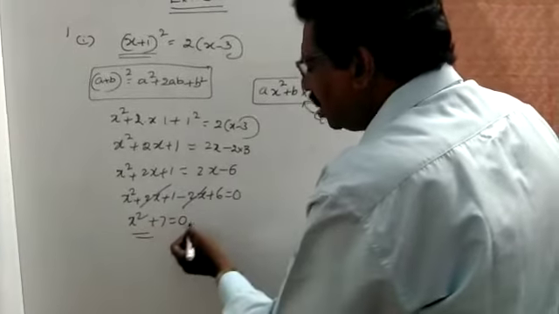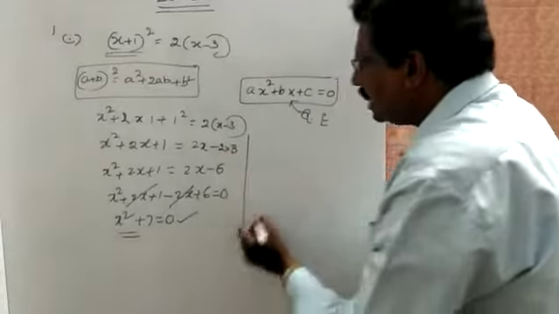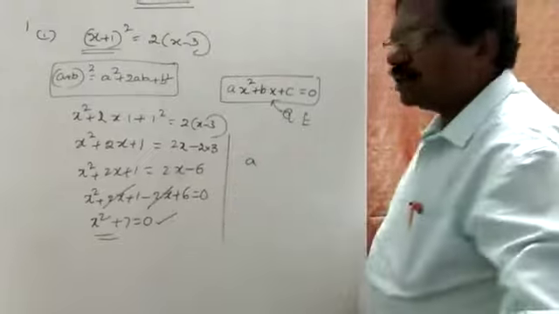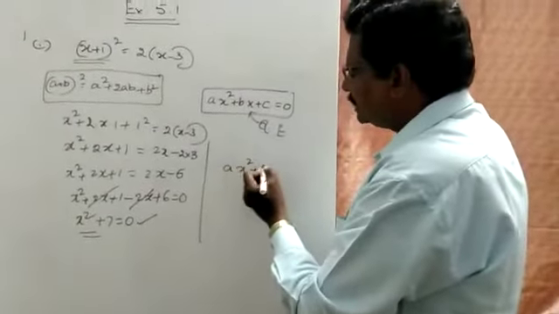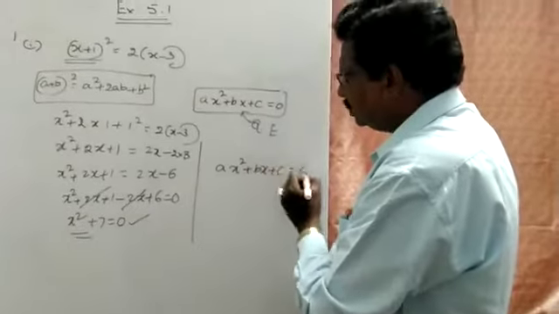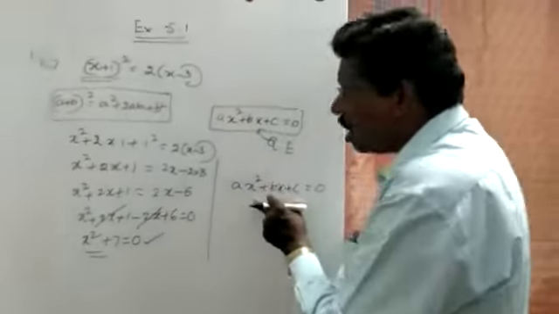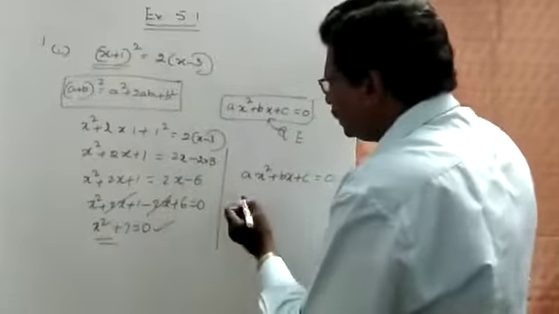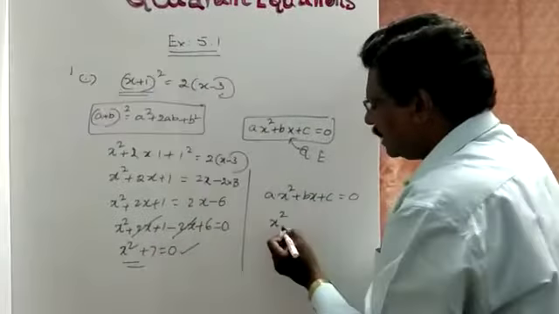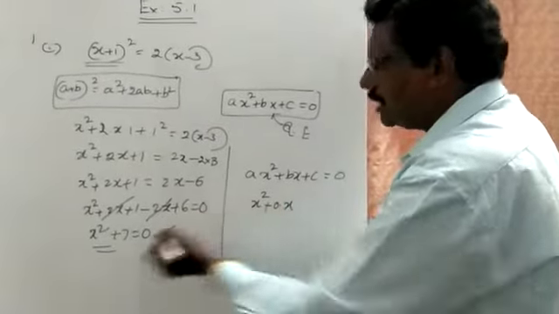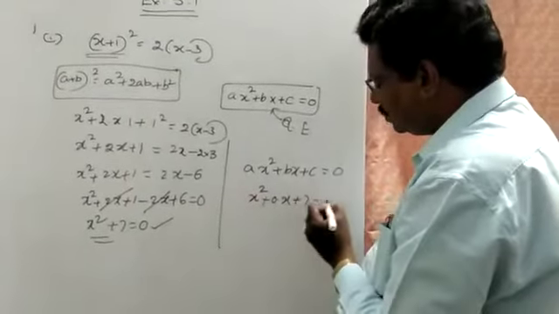It is the quadratic equation. How can you write this one? For example, I already explained ax square plus bx plus c is equal to 0. You have to write the quadratic form. So first write x square, and second there is no x term, so plus 0 into x, again plus 7. This is equal to 0.